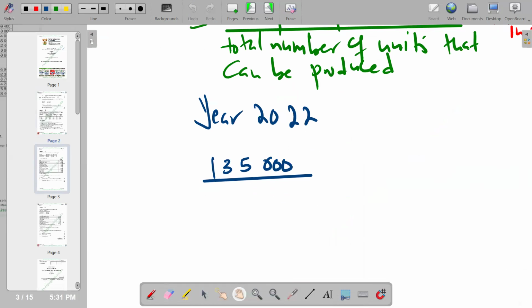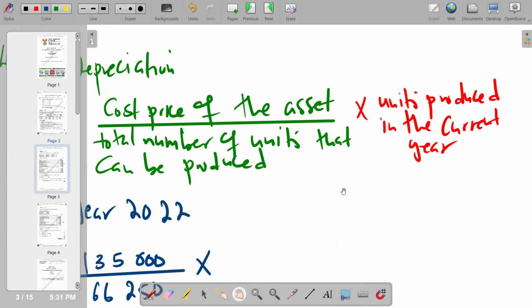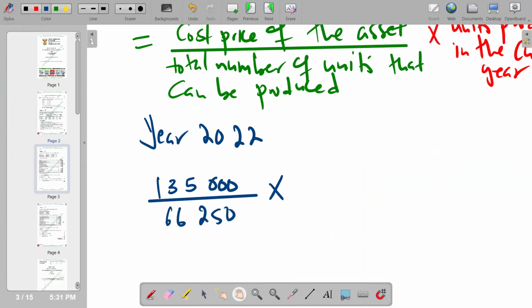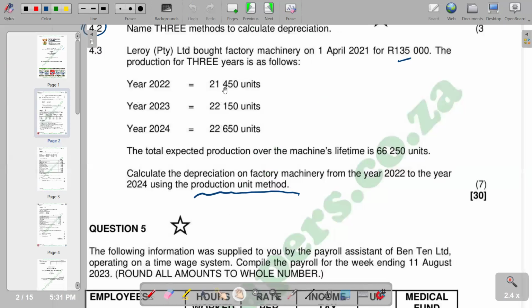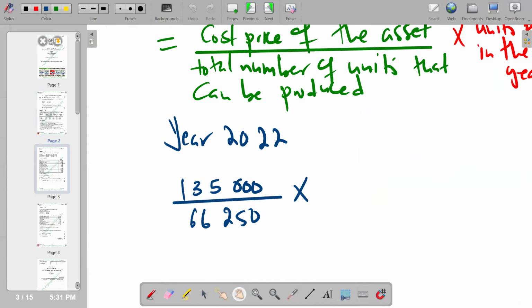So we have 135,000 over 66,250, and then we multiply by the units produced in the current year, of which we are in 2022. So for 2022, we have 21,450. So we multiply by 21,450. We calculate it like that.